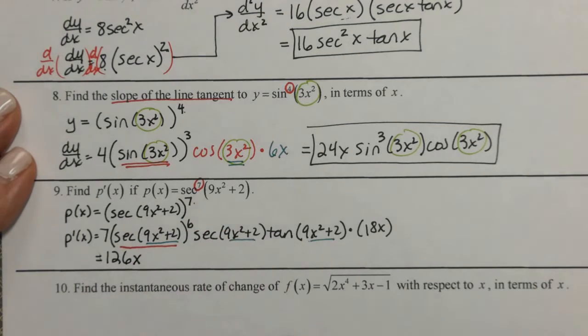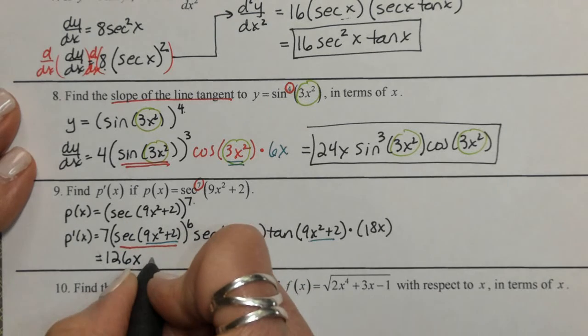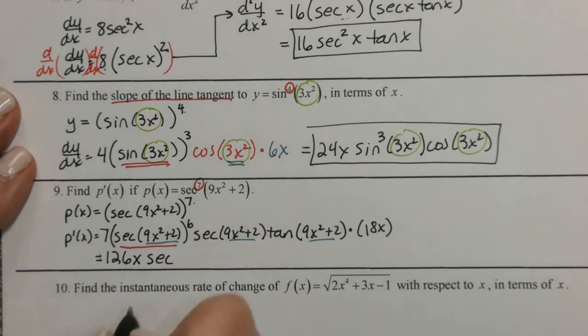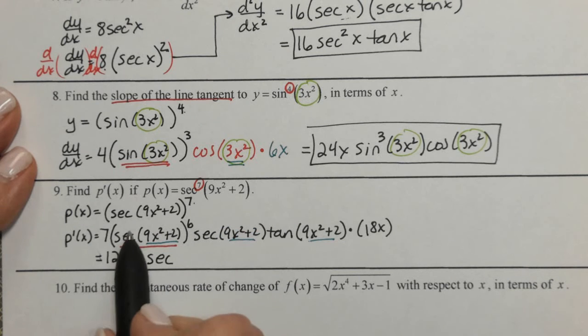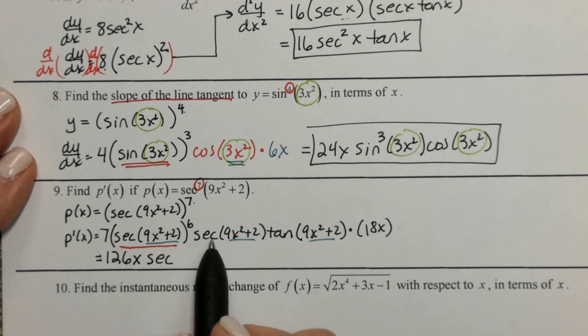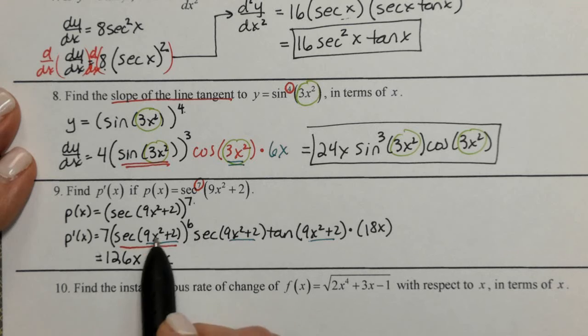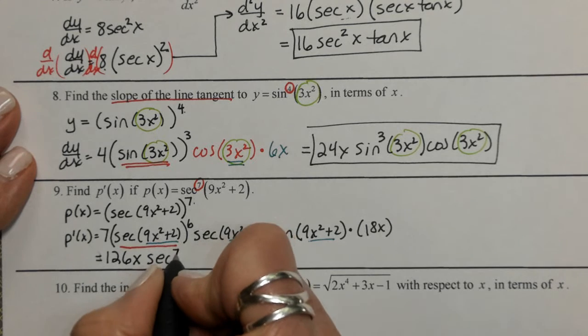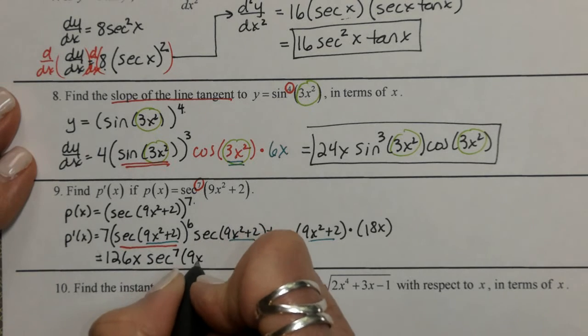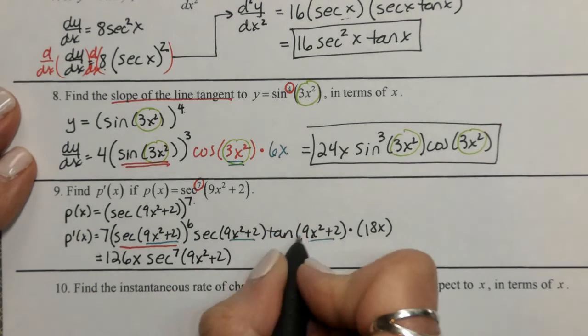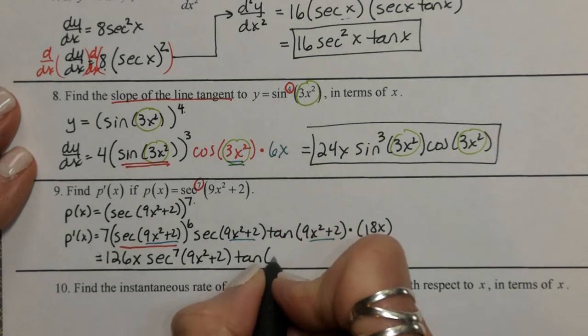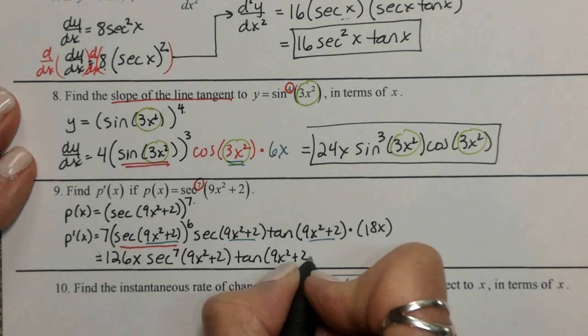Bring your x to the front. Okay, how many secants are there here? There's 6 here and 1 here, same argument. So that's going to be secant to the 7th, 9x squared plus 2 times tangent, 9x squared plus 2.